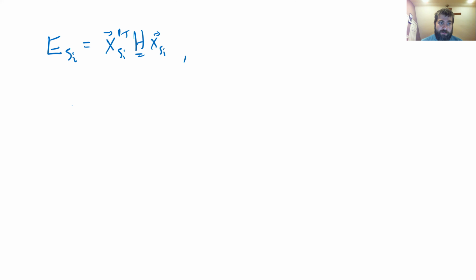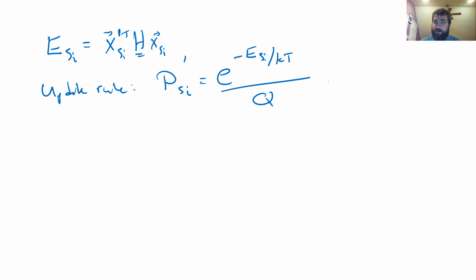Our update rule is that P_Si is e to the negative E_Si over kT, divided by Q, where Q is a sum over all possible Si.